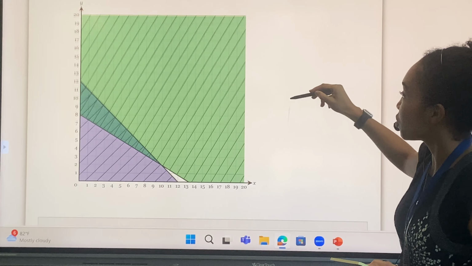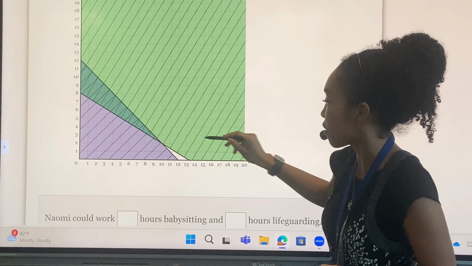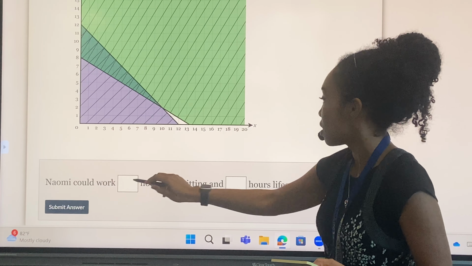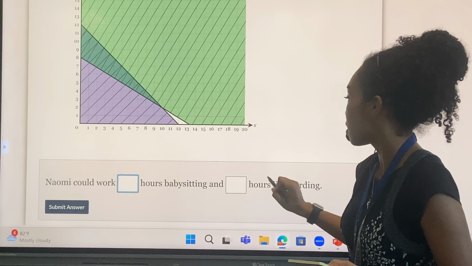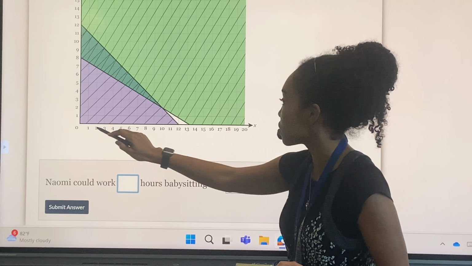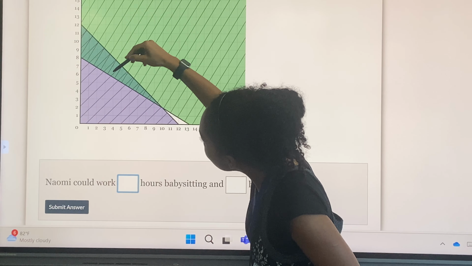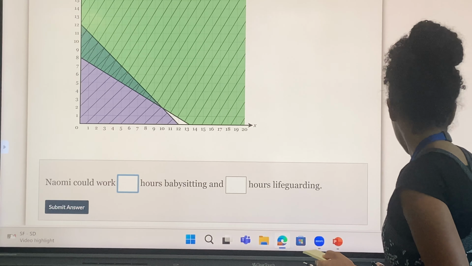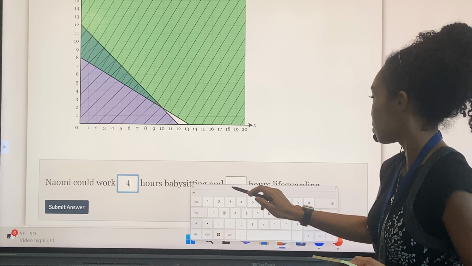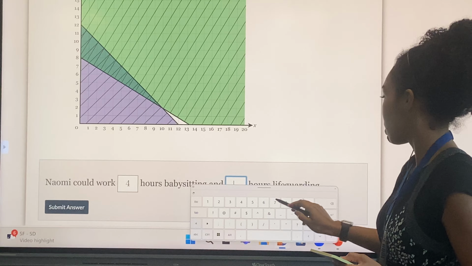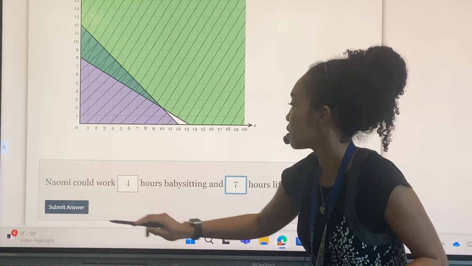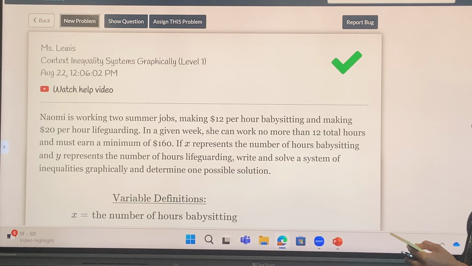So now all of your solutions are in this double shaded area. So I just need to pick a point for babysitting and lifeguarding. So I can do 4, 7. That is in my double shaded area. So I'll type in a 4 and a 7. And submit. There we go.